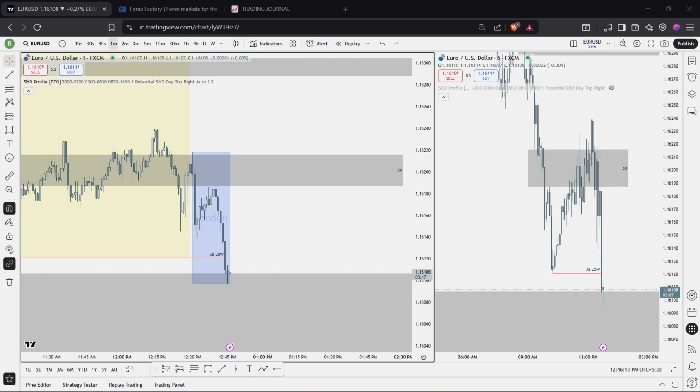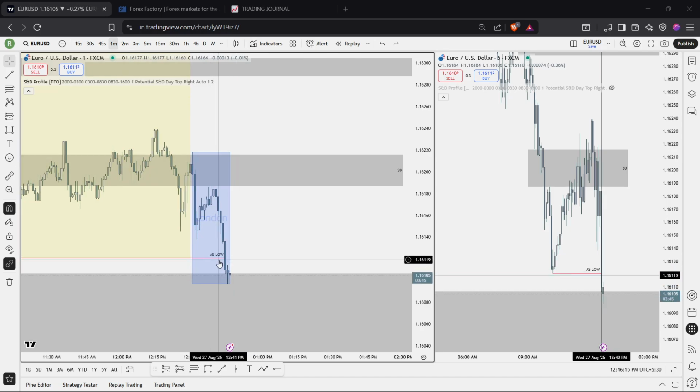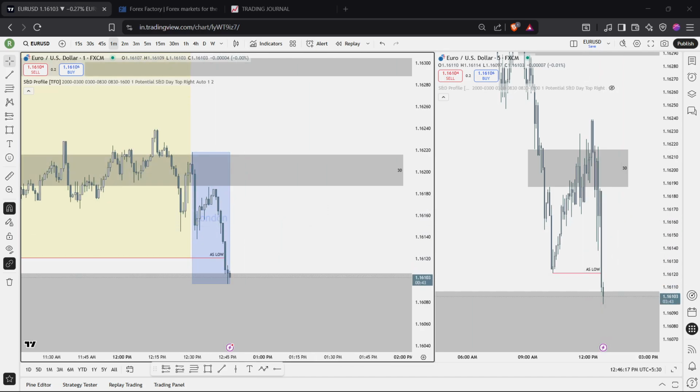The 15-minute has nicely closed below this Asian low, and the 1 hour is still in motion. 43 minutes. Let's wait and watch.